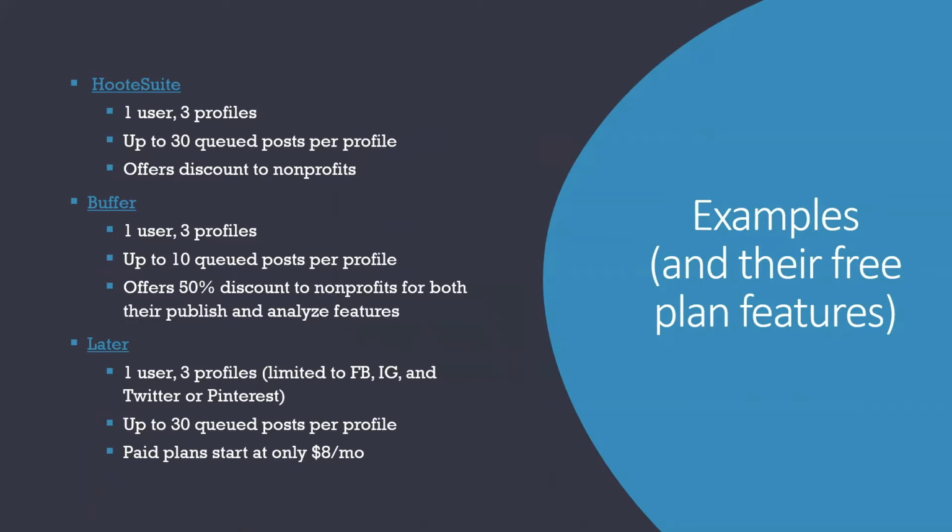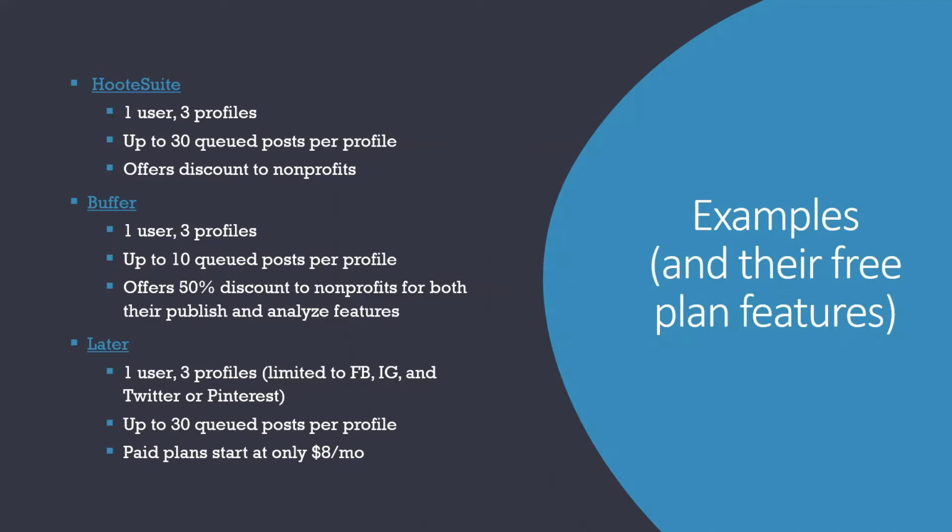So some of them, the paid plans, you can have more than one person log in, and it'll cover more than just 3 profiles. But for the most part, especially if you're kind of new and you're just starting out, you really only need one overall user, and you need to cover Facebook, Instagram, and Twitter. So really any one of these works for that.